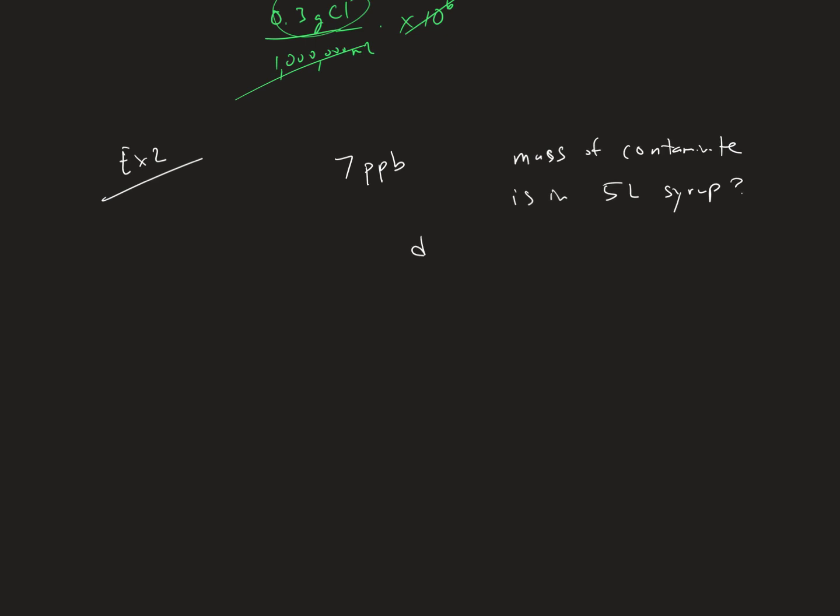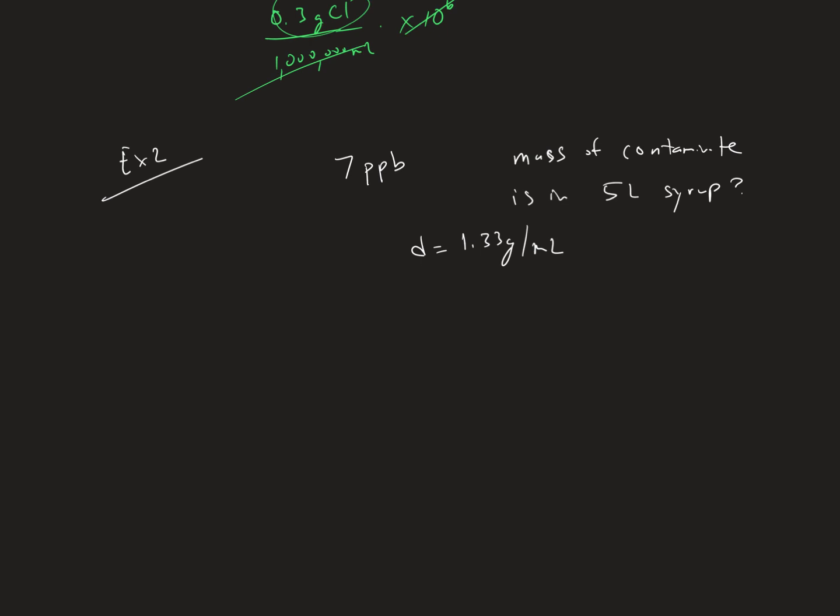We know the density of maple syrup is 1.33 grams per centimeter cubed. Do you guys remember how to convert centimeters cubed to other units? Yeah, 1 centimeter cubed is the same as 1 milliliter. So we can just move that and say per milliliter. A little easier.